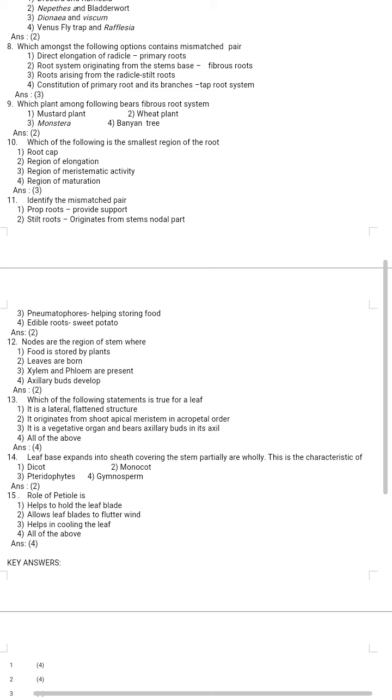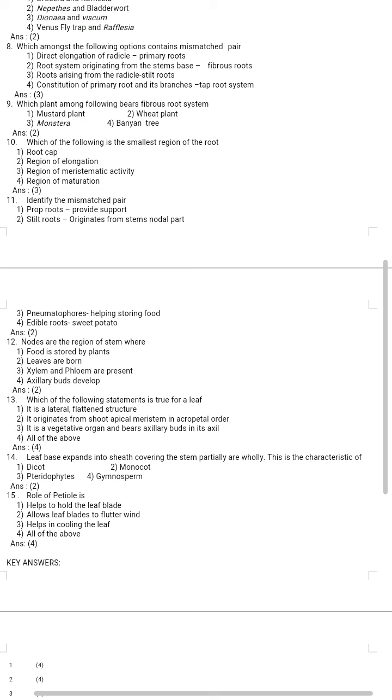Next, 13th question. Which of the following statements is true for leaf? Students, we need to identify the true statement from the given four. Now let us see the four options. Option 1: it is a lateral, flattened structure. Option 2: it originates from shoot apical meristem in acropetal order.